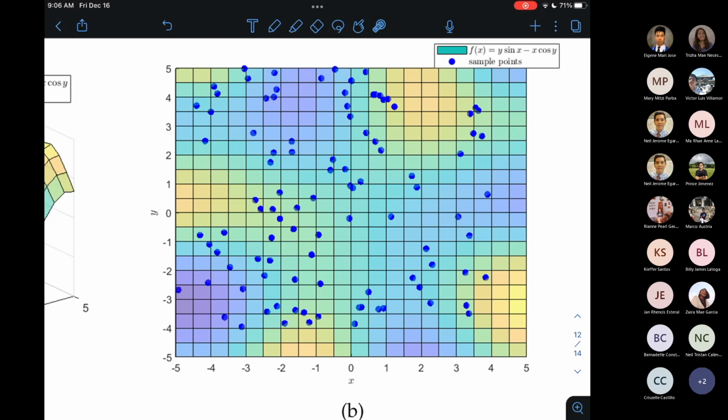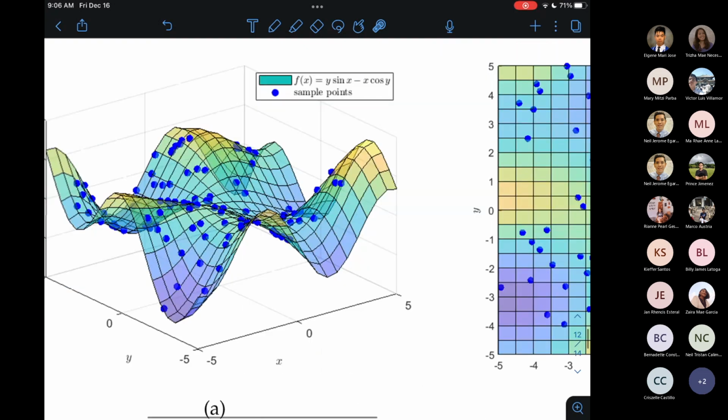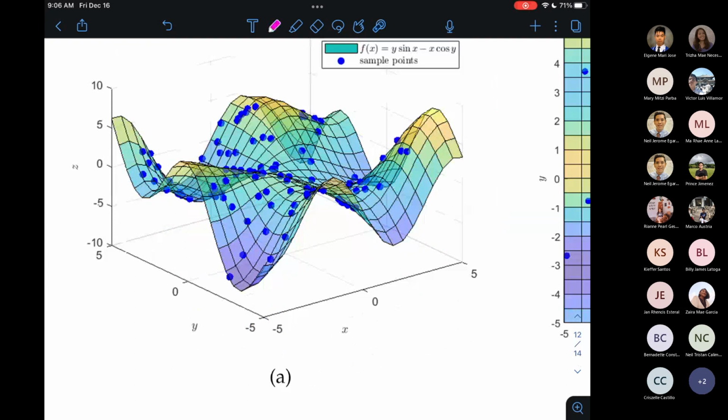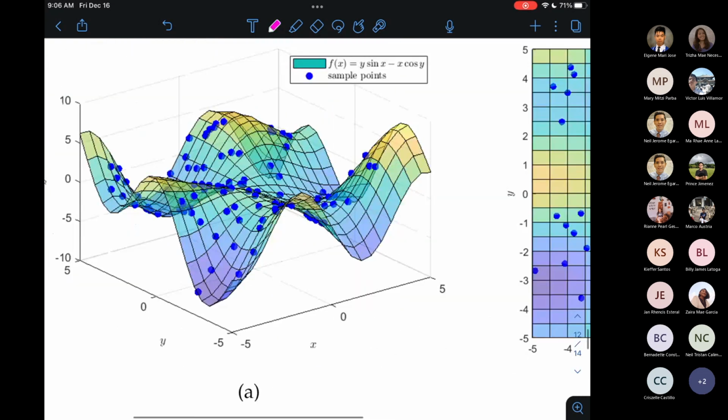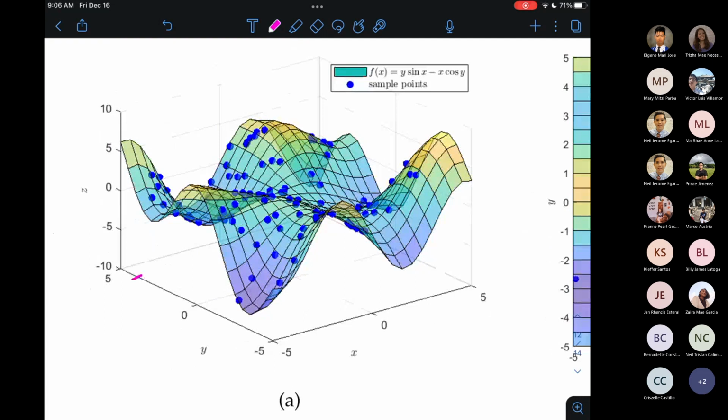Alright? Tapos ang idea ay, so meron akong rectangle dito. So ang y ko ay -5 hanggang 4. Tapos meron ako ditong ganun din, -5 to 4. Tapos meron ako nito.